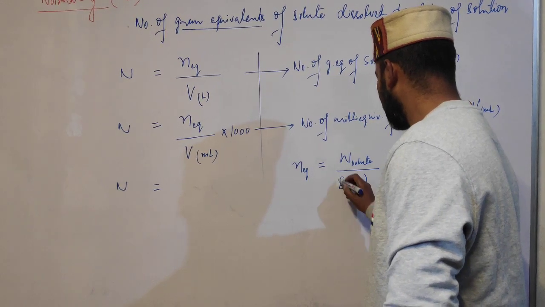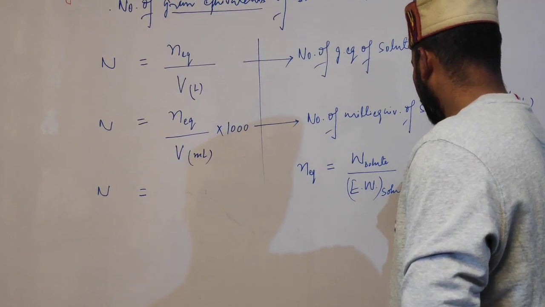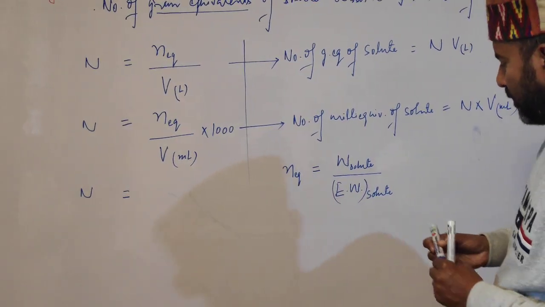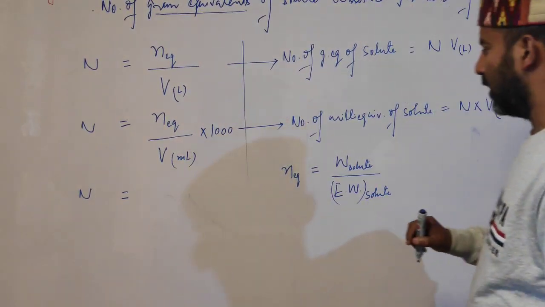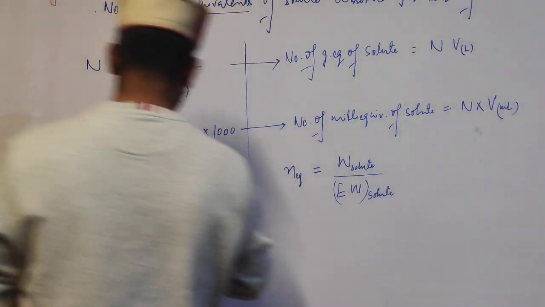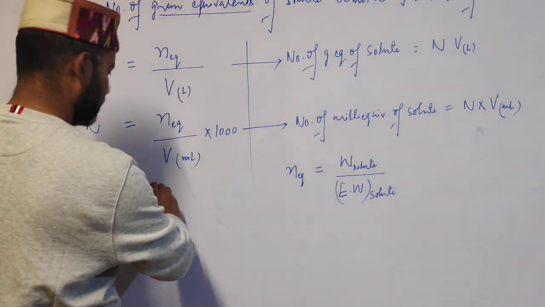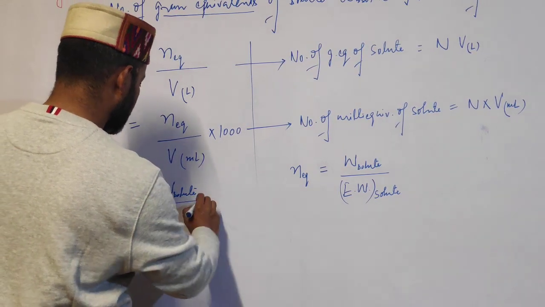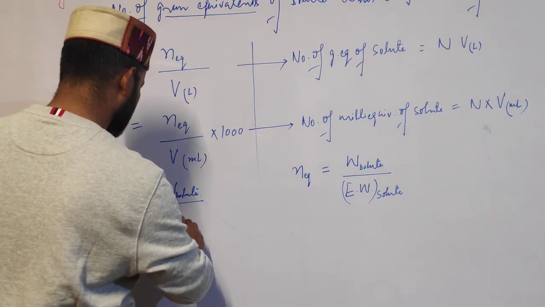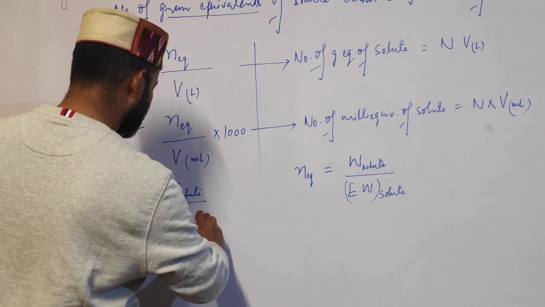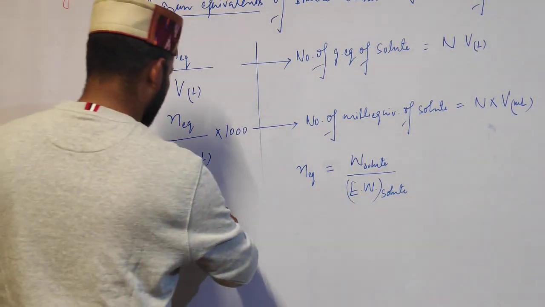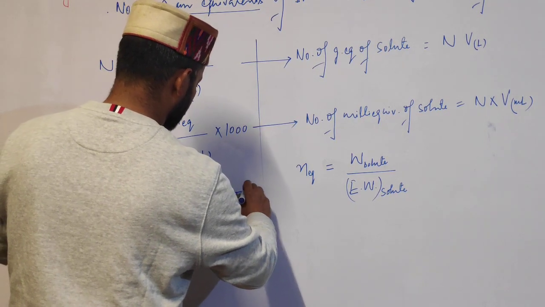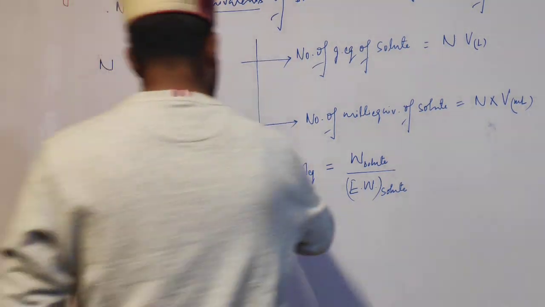EW is for equivalent weight, or simply we write E. So now students, what is equivalent weight? First let me put here: weight of solute upon equivalent weight of solute, denoting equivalent weight by E only. Again we have volume, say in milliliters, into 1000. So this is normality.